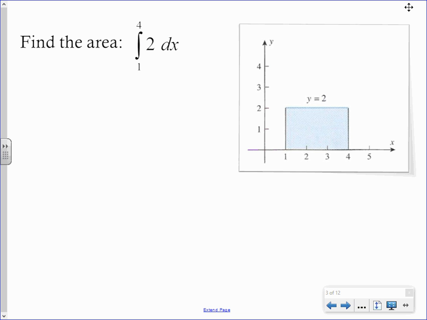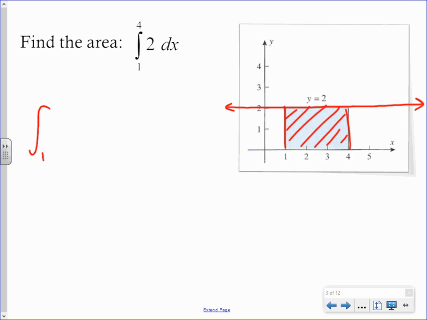But we know 2 is the function that's a horizontal line. So from 1 to 4, we have a rectangle, right? Here is the line y equals 2. And if we only want it from 1 to 4, we're talking about this area right here.